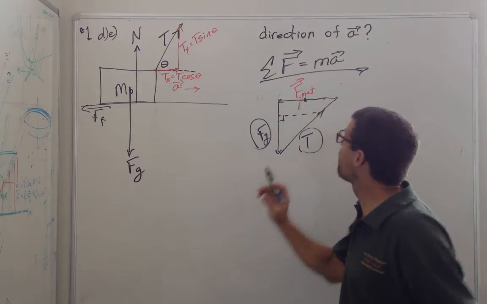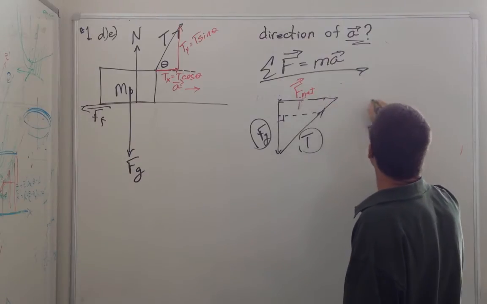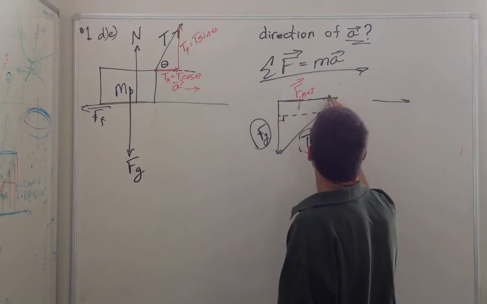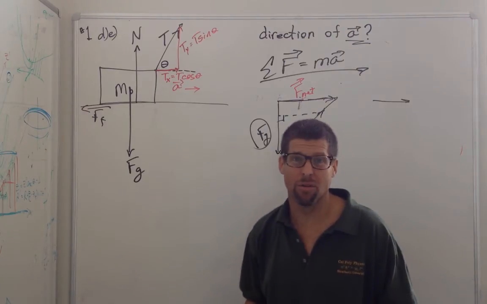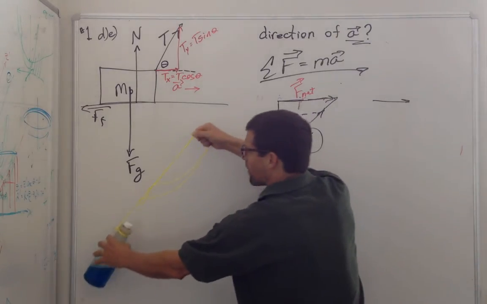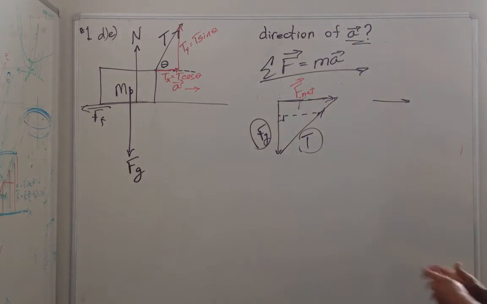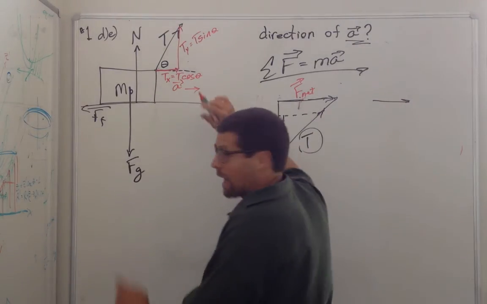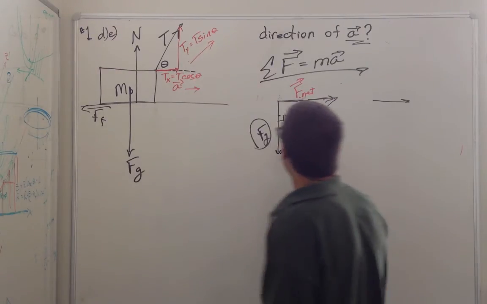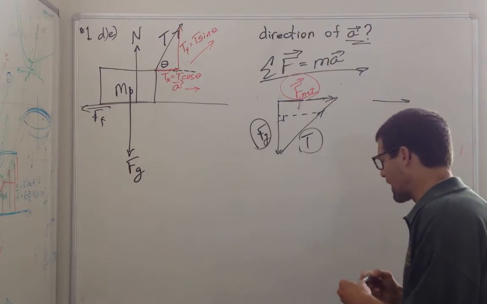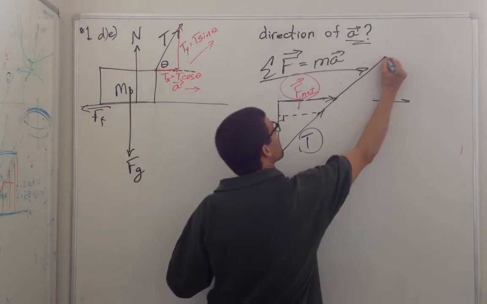And it's crucially important again: what's the direction of acceleration? It's this direction, right? So I draw them so the net force goes in that direction. What happens if I pull harder? Then I can see the acceleration to be kind of in this direction. How can I make the net force in this direction? It's just a matter of making the tension stronger.